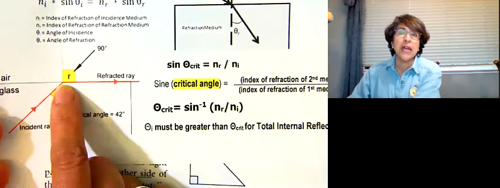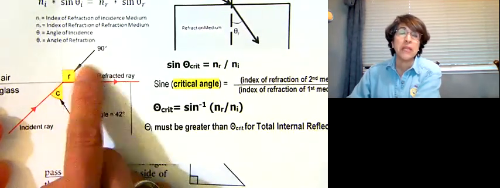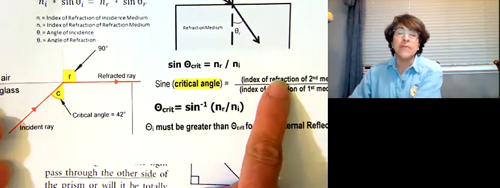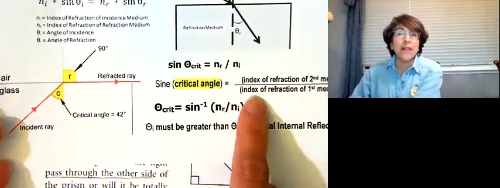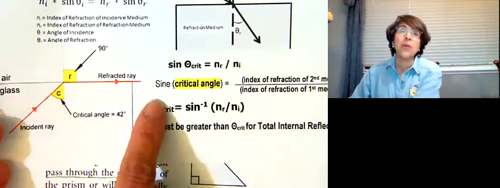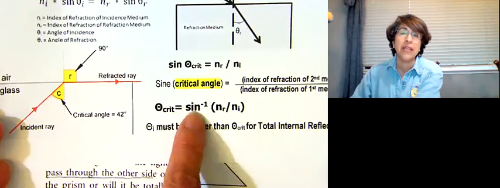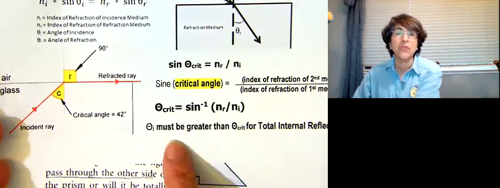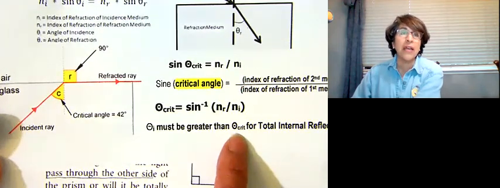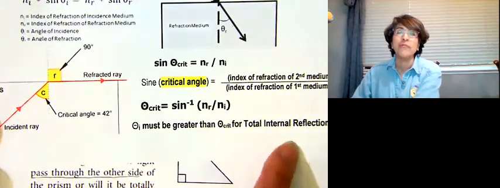So the index of refraction of the second medium would be the index of refraction of air, which we know is 1.000, divided by the index of refraction of the first medium. And then of course to find the angle, you just take the arcsine. If it's greater than the critical angle, then you'll have total internal reflection.